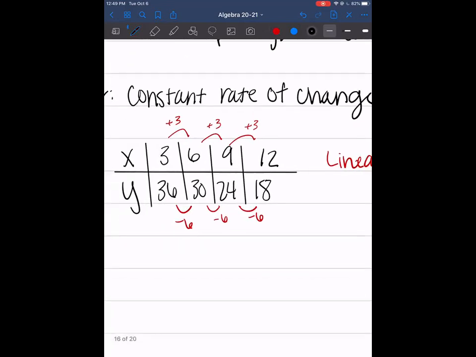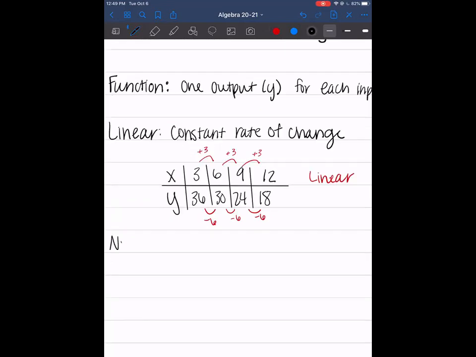Now, let's look at nonlinear. This is not a constant rate of change.